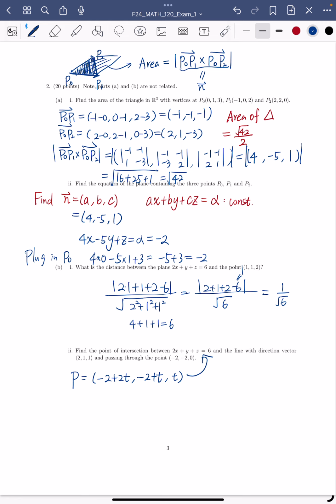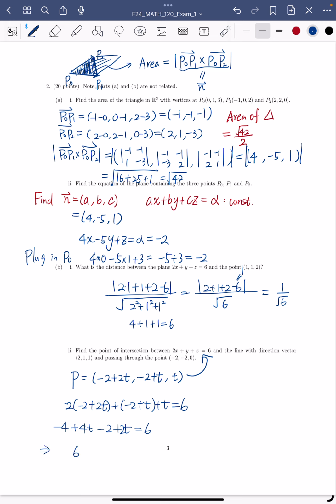You get 2 times, minus 4 plus 4t, minus 2 plus t, and there's another t, like this.